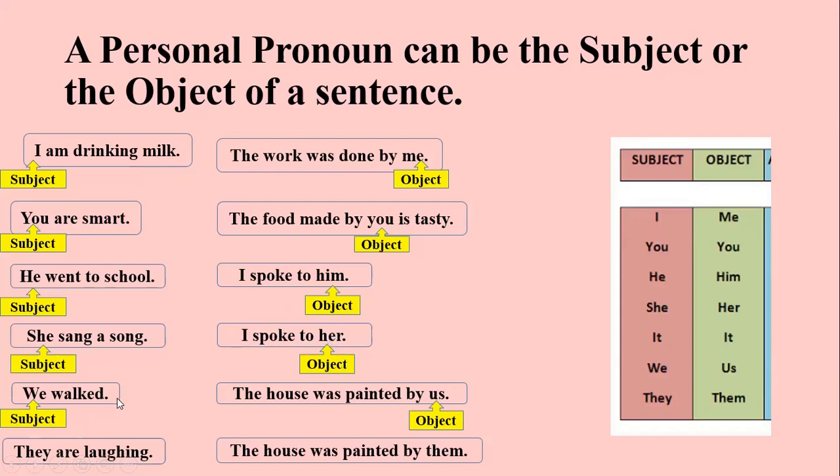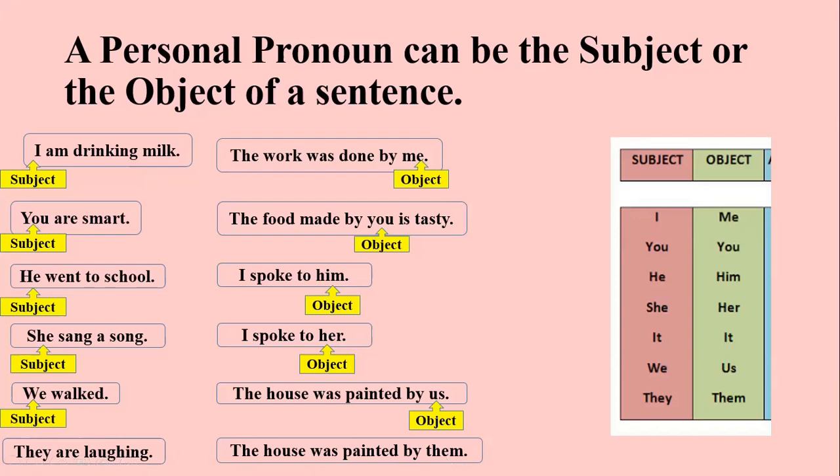Moving forward, we walked. In this sentence, we is the subject. Then in the next sentence, the house was painted by us, us is the object. Here in this sentence, they are laughing. The subject personal pronoun is they. Whereas in this sentence, the house was painted by them, them is the object.